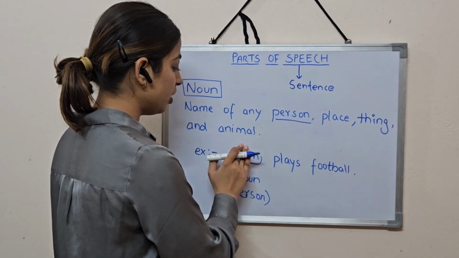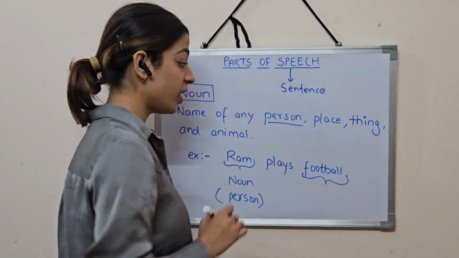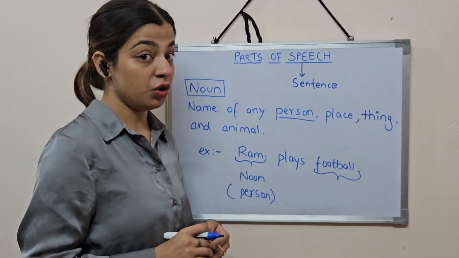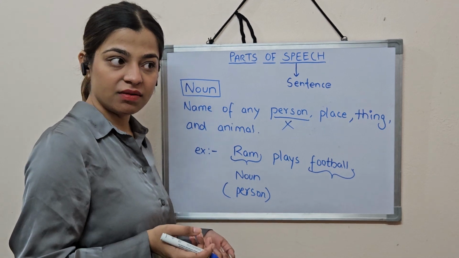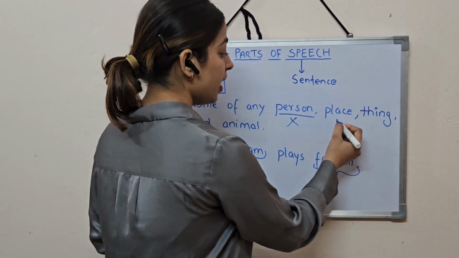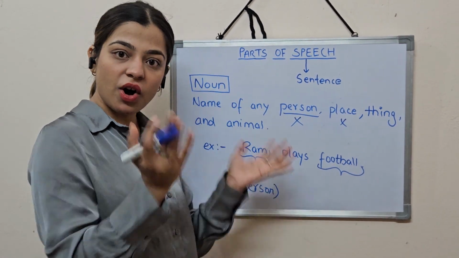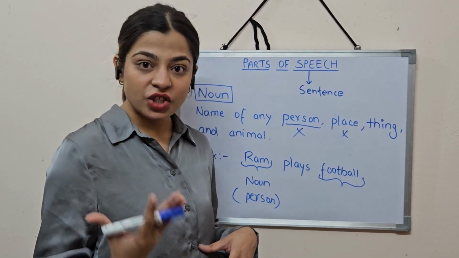Now, what is our third word? The third word is football. So what is football? Is football the name of any person? No, it's not. Is football the name of any place where we go? No, it's not. Is football the name of anything? Yes, football is the name of a thing which we use to play soccer, right?